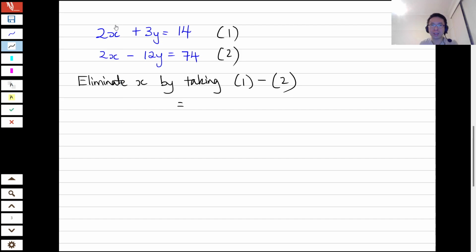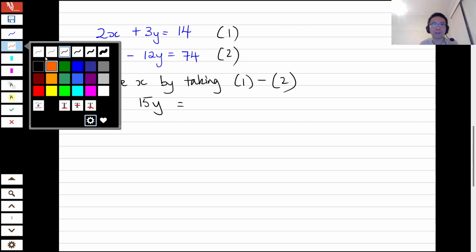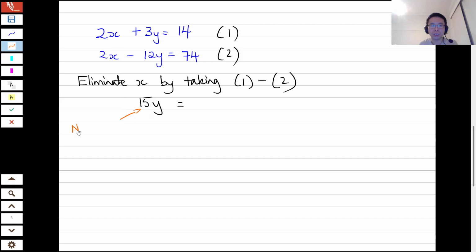So first the x's, 2x minus 2x gives me 0. 3y minus negative 12y gives me positive 15y. So note here, I had to subtract negative 12y because I am subtracting everything in equation 2, which means I am subtracting minus 12y.